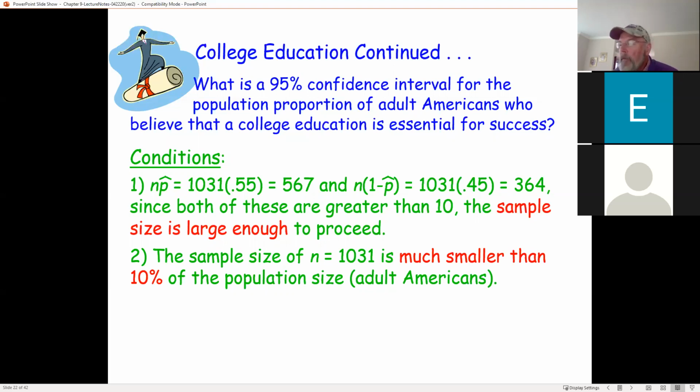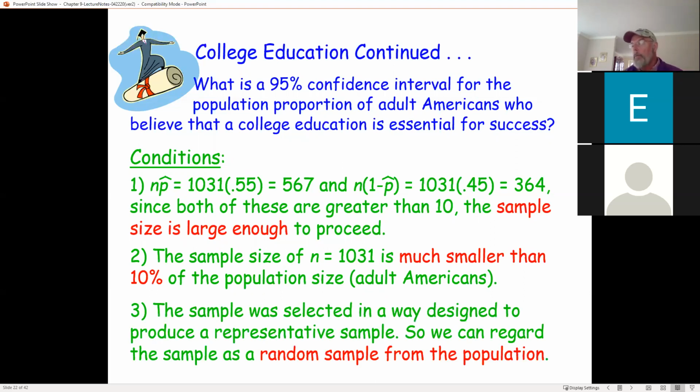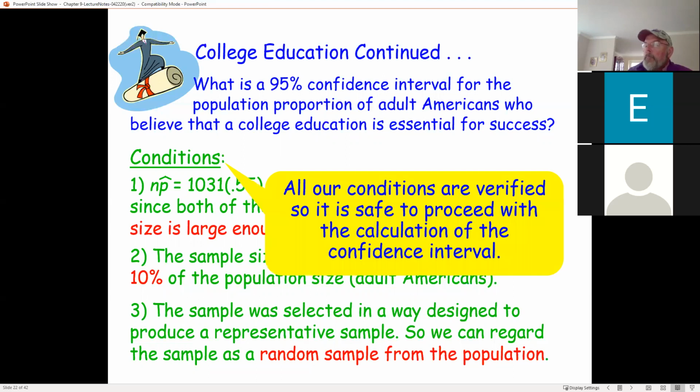We can feel comfortable that the sample size is smaller than the population size, that is adult Americans. And we can say that the sample was randomly selected and represents the population. So all the conditions are verified.